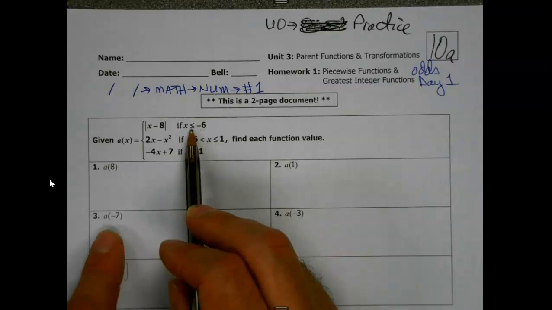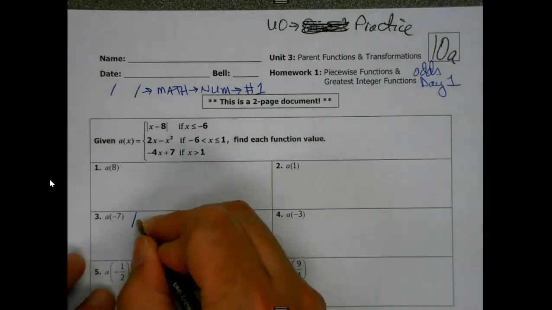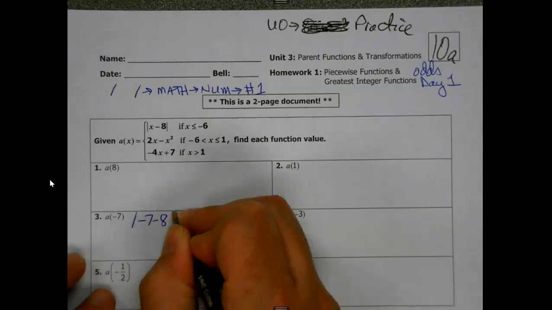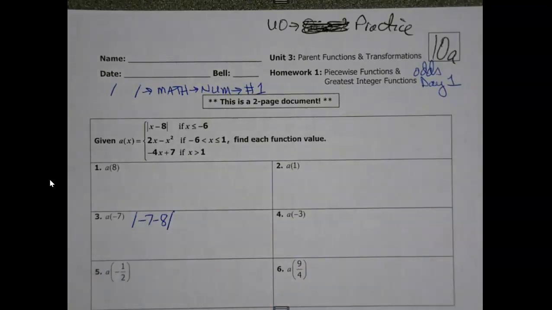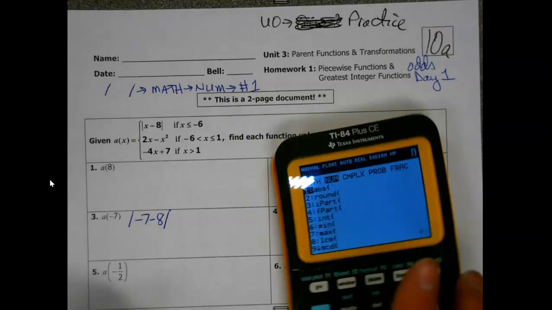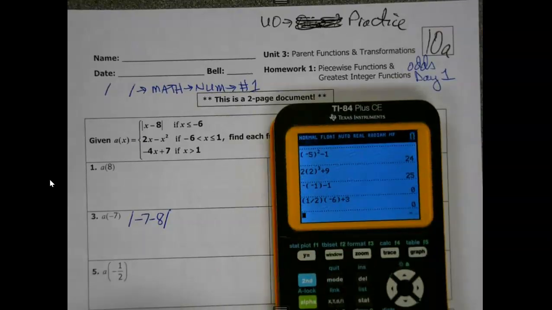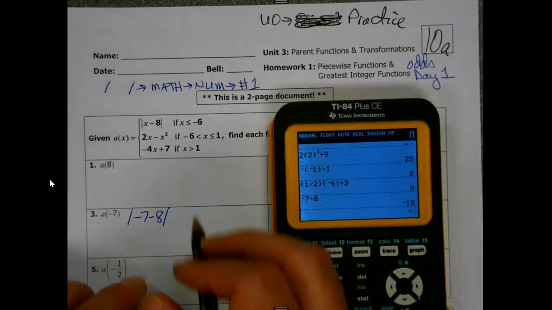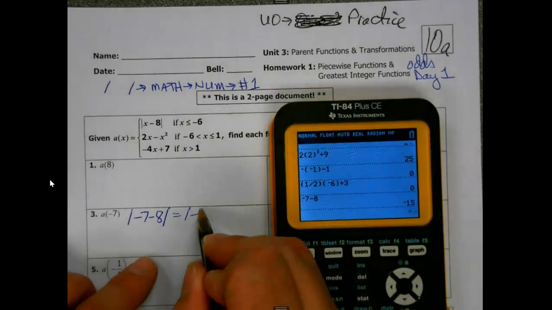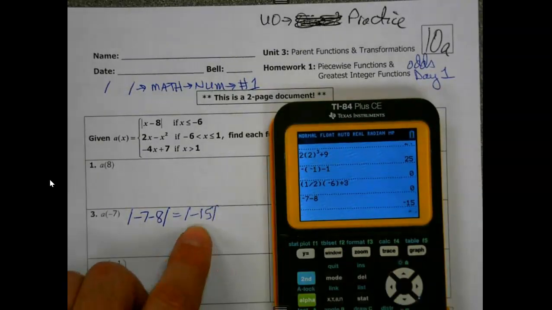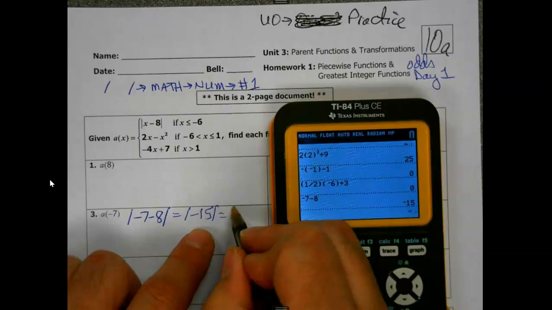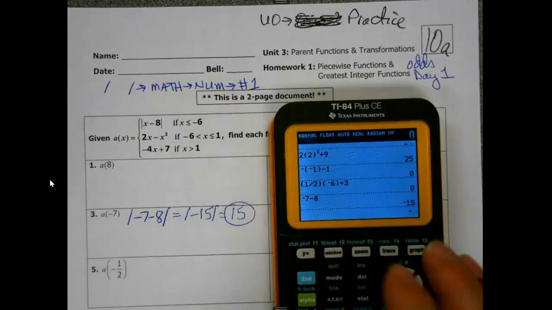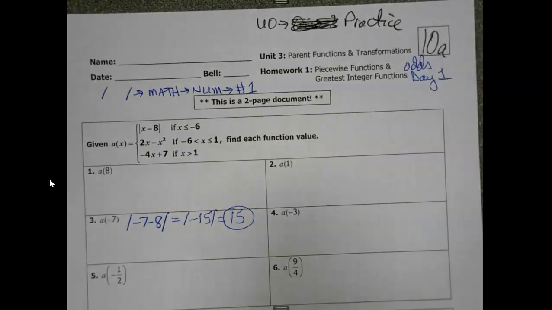Okay, that's further left in the number line. I don't think I need the calculator for that. Maybe. But even if I looked, I was like, -7 minus 8 is -15. But it's absolute value. And absolute value means it comes out positive. But you can plug things directly into the calculator too and get those answers.